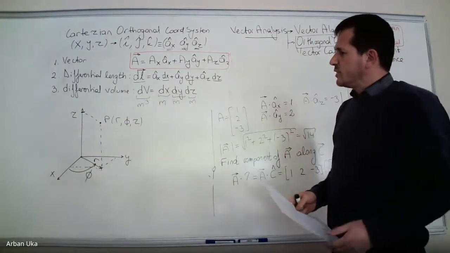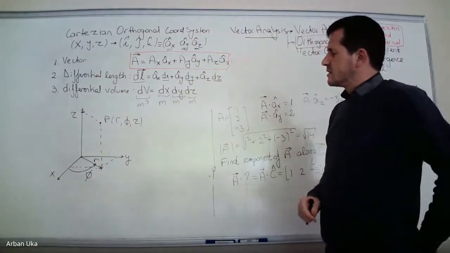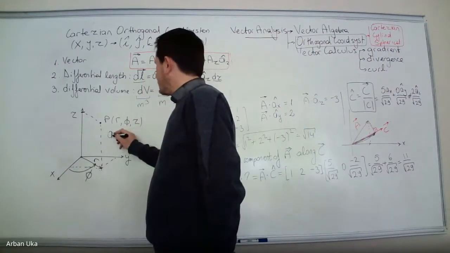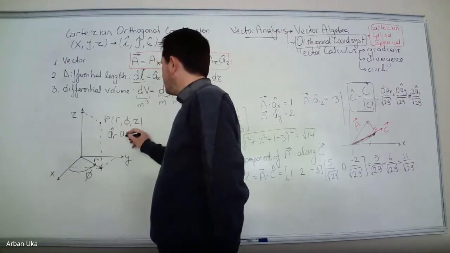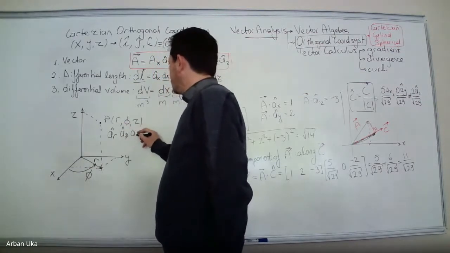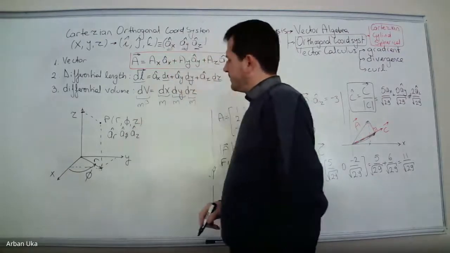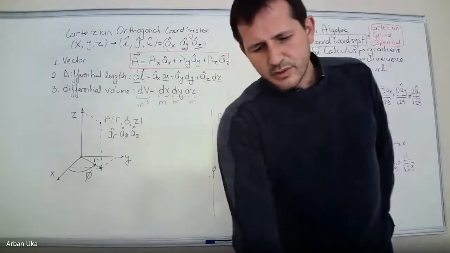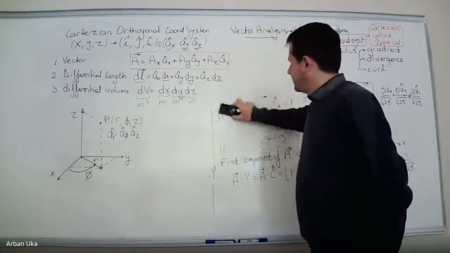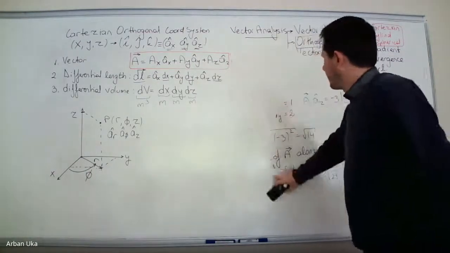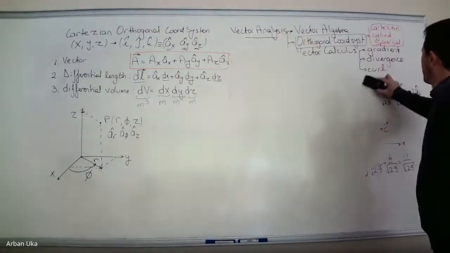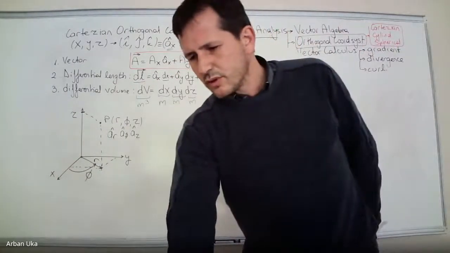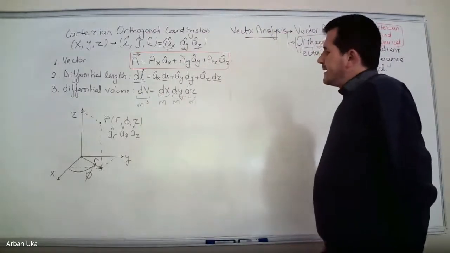So now, if point P needs a distance, an angle, and another distance, we need to define these variables, which are aR, a phi, and aZ. Now, it's good to draw this one as well as possible.